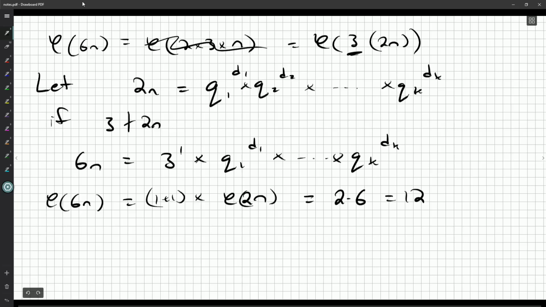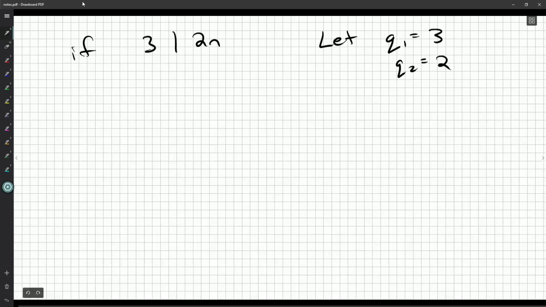Now, if, let me get another page, if 3 does divide 2n, then we could say something like, let q1 equal 3 and let q2 equal 2.